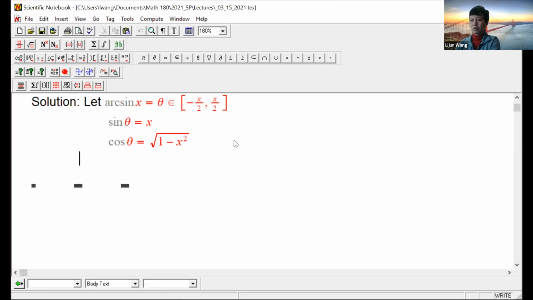As a result, tangent theta is equal to sine theta over cosine theta, equals that. Okay?